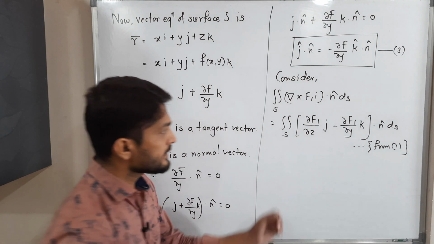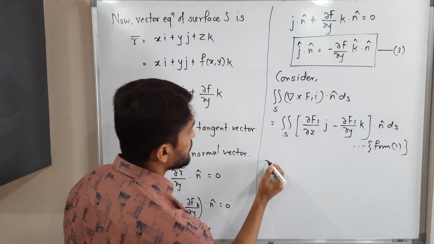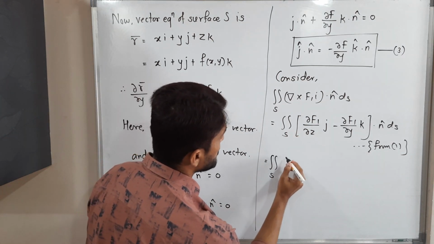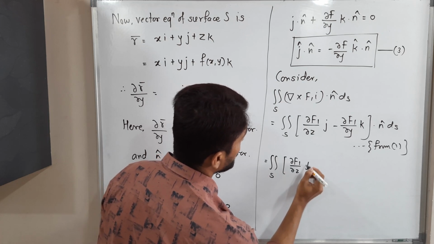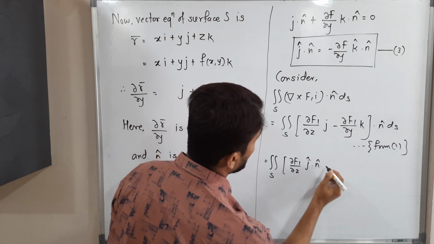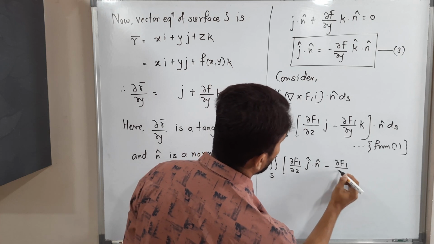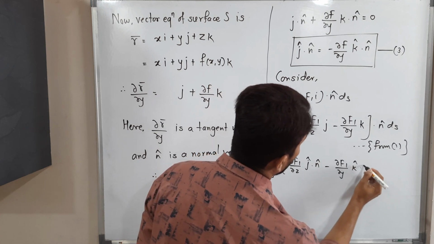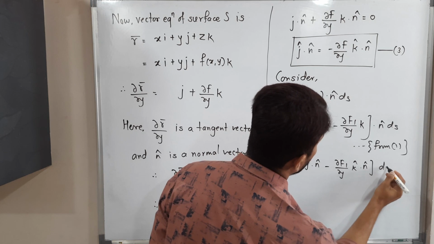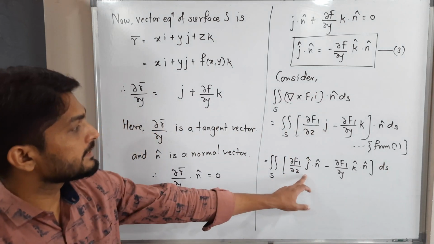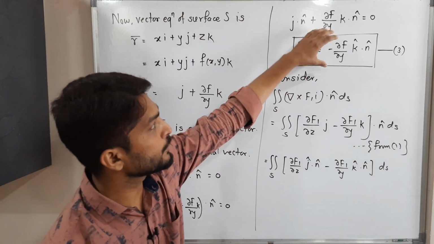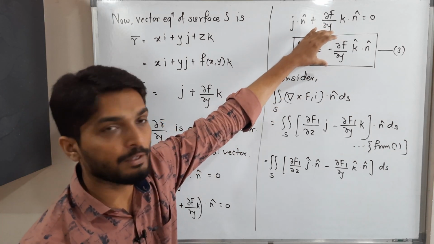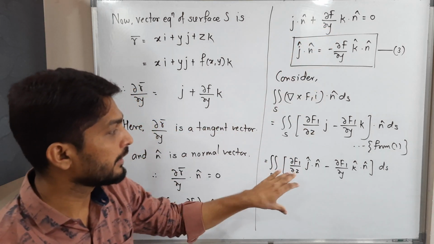Okay, so let us take a dot product now. So I will take separate dot product, double integration over S. So it is ∂f1/∂z j cap dot n cap minus ∂f1/∂y k cap dot n cap dS. But see, j cap dot n cap, we have got its value in equation number 3. So let us use this value which we have already got in equation 3 here.